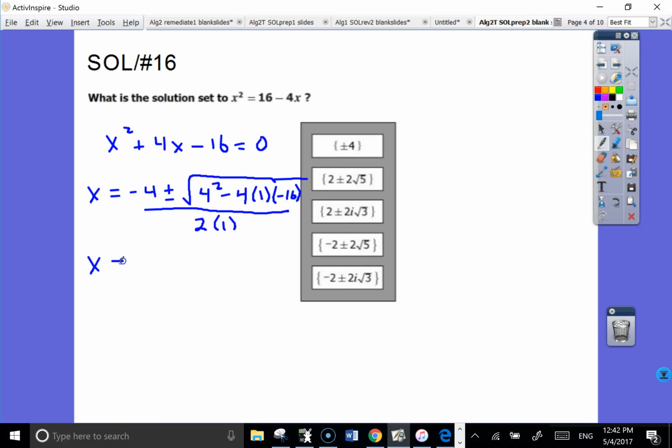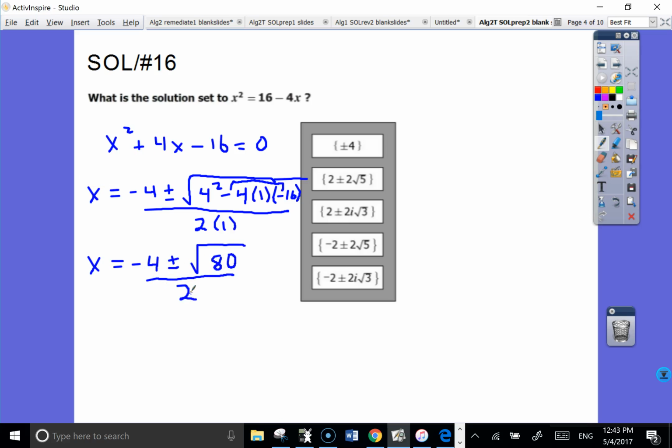That's negative 4 plus or minus the square root of 16 plus 64. Remember that this minus here combines with that minus to make a plus. So that's actually 80, divided by 2.